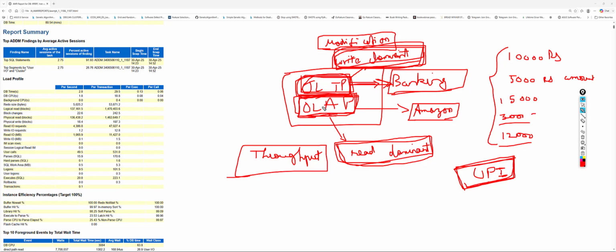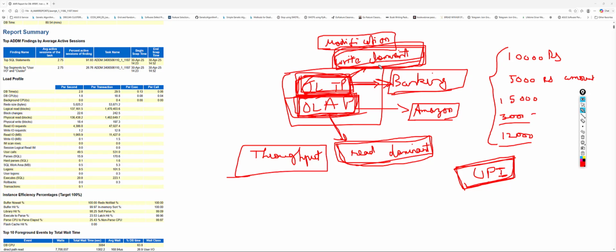So let us come to the AWR perspective. What is the relation between knowing the type of the database system and the real-time use case? As I already mentioned, OLTP would be write dominant and OLAP would be read dominant. So based on this itself, we can focus our analysis, right?